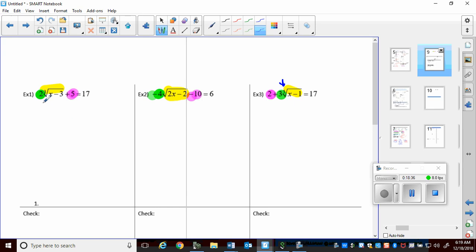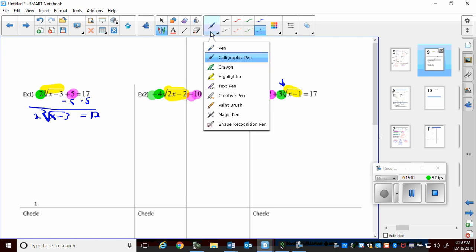So, going through the motions, I subtract 5 on both sides of the equal sign. I get 2 times the cube root of x minus 3 equals 12.